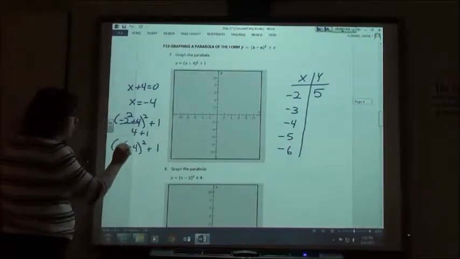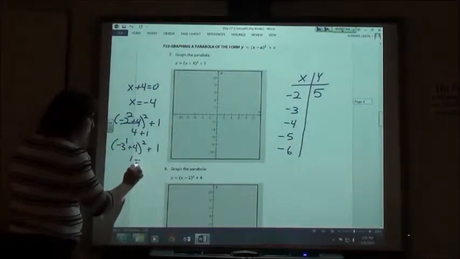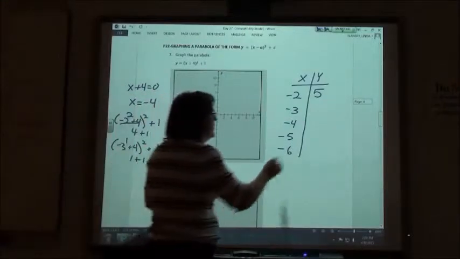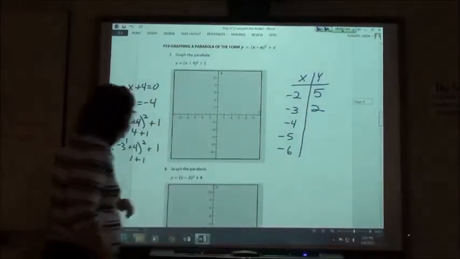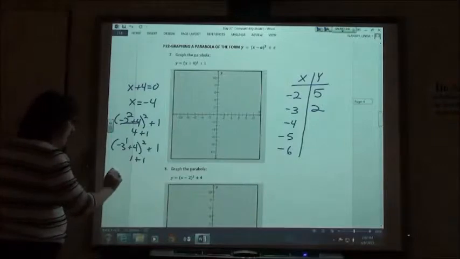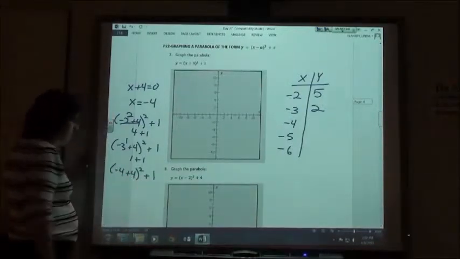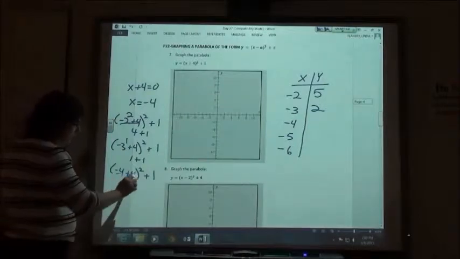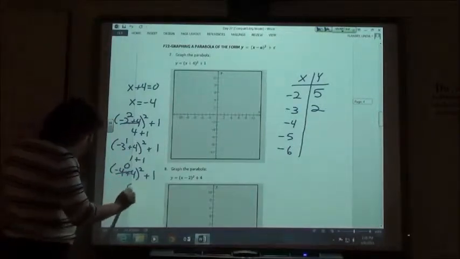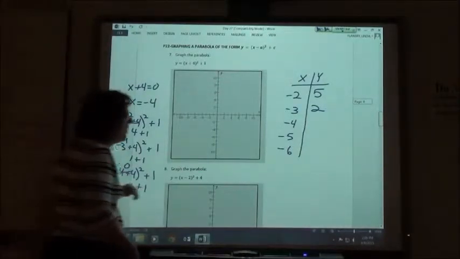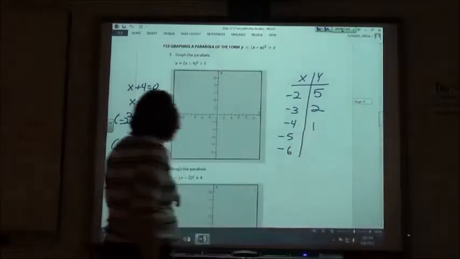Negative 3 plus 4 is 1. 1 squared is 1. 1 plus 1 gives me 2. Then I'm going to put in the next number. Negative 4 plus 4 squared plus 1. Well, a negative 4 plus a 4 is 0. 0 squared is 0, and 0 plus 1, hey, gives me 1.